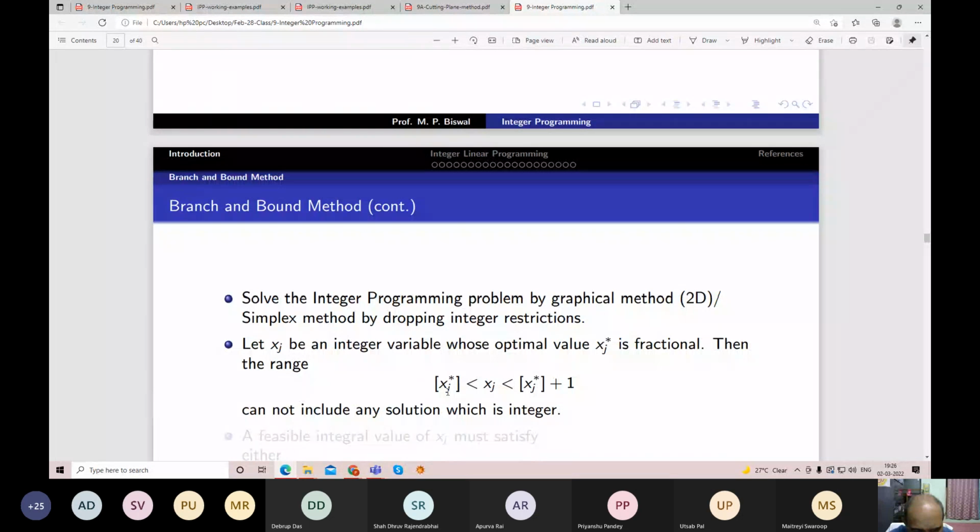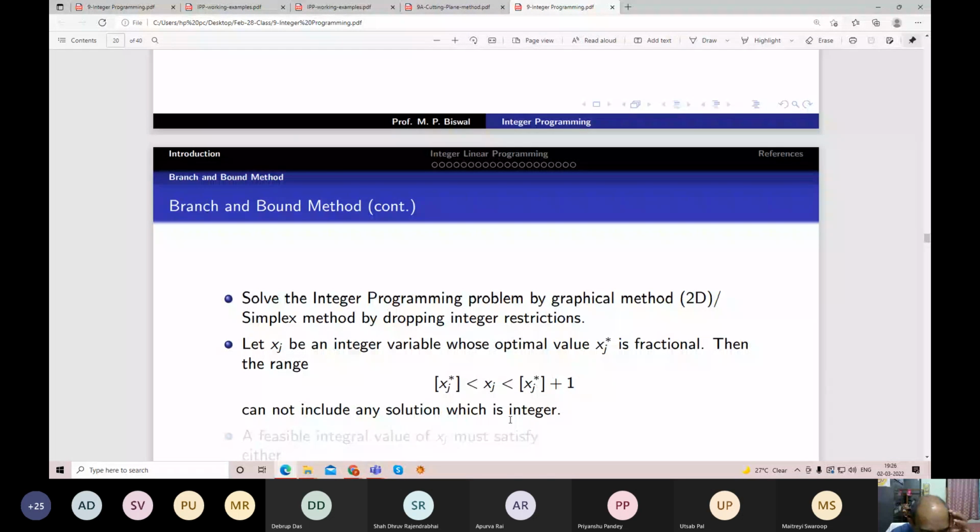Can you find an integer in this open interval between 1 and 2? Is there any integer? No, sir. So this cannot include any integer solution.